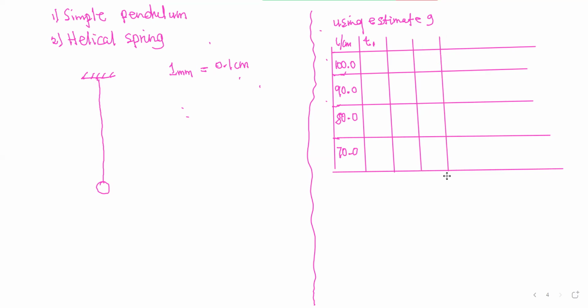We write the unit on top so that we will not be repeating the units whenever we write the quantity. So T1/seconds, T2/seconds, and T average also /seconds. If I did not write this, you would be seeing 100 centimeter, 90 centimeter, which is not acceptable.